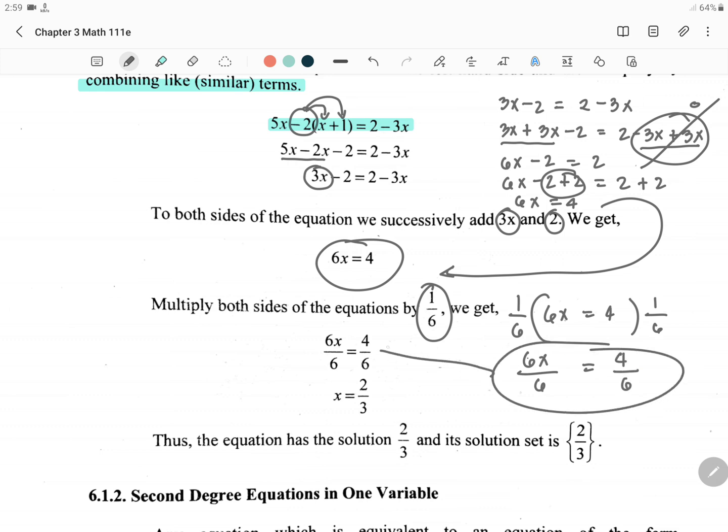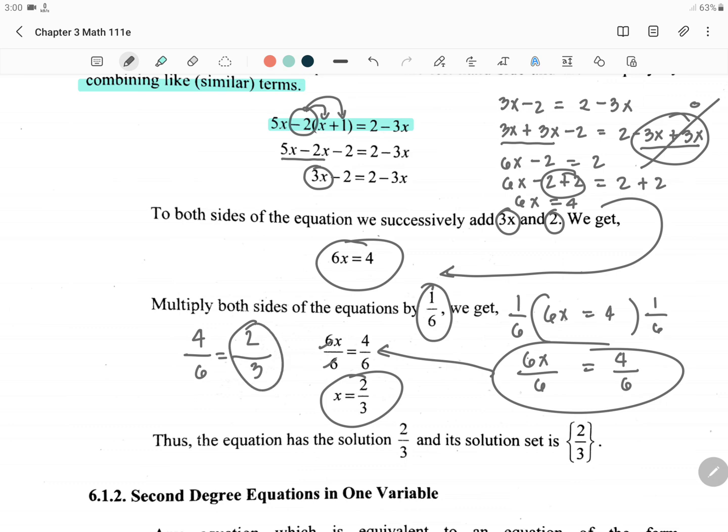This one is that one. Cancel yung 6 natin. So, basically, we mean to say na yung x natin ngayon is equal to 2 over 3. Bakit naging 2 over 3 yan ngayon? It is because both 4 and 6 are divisible by 2. So 4 divided by 2 is equal to 2. And 6 divided by 2 is equal to 3.